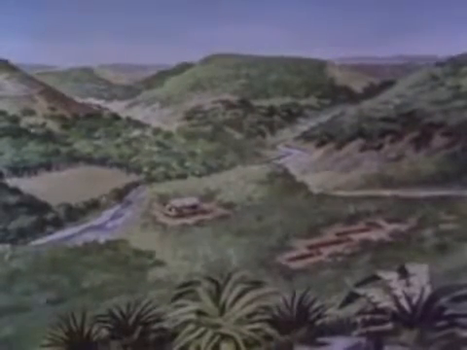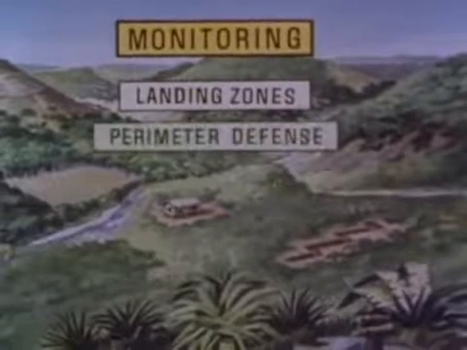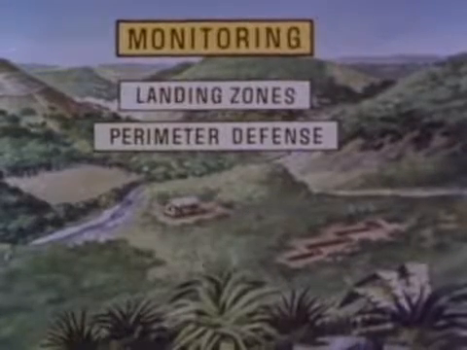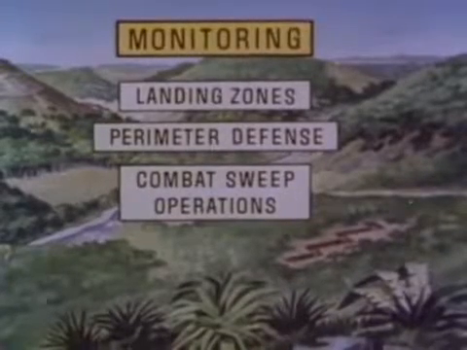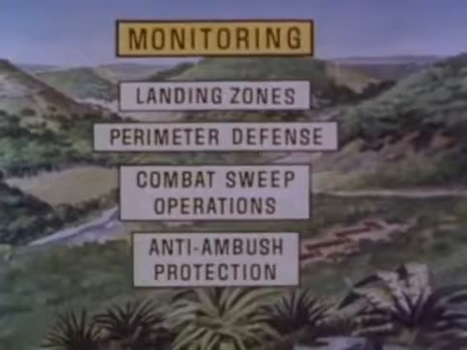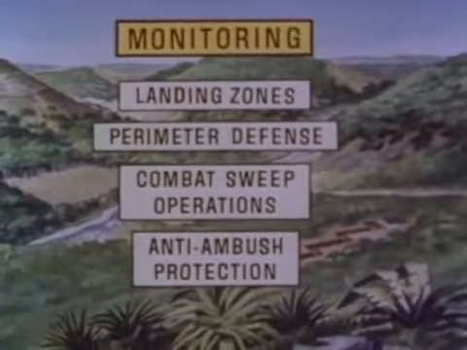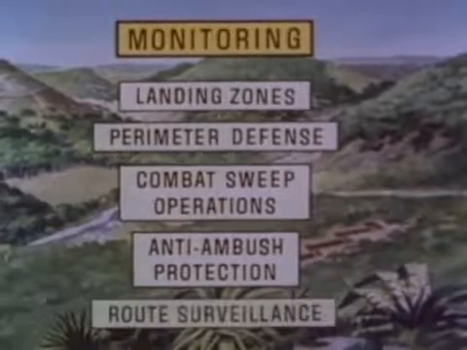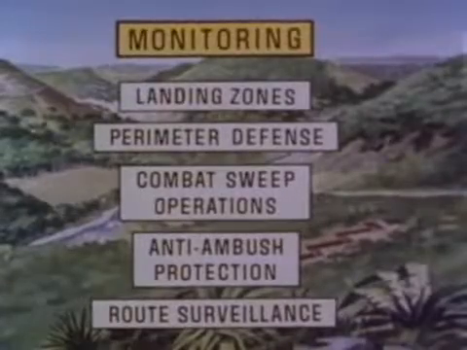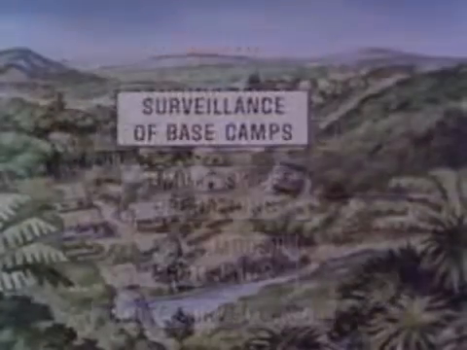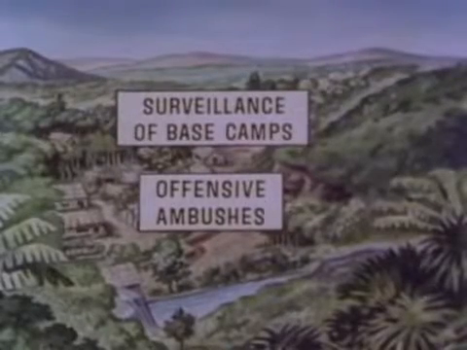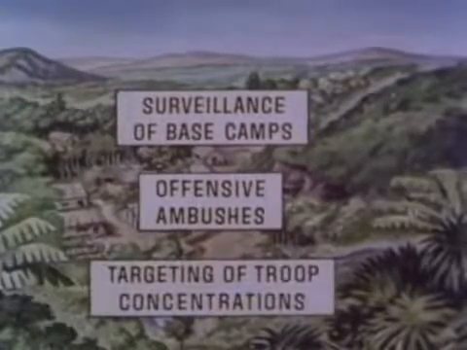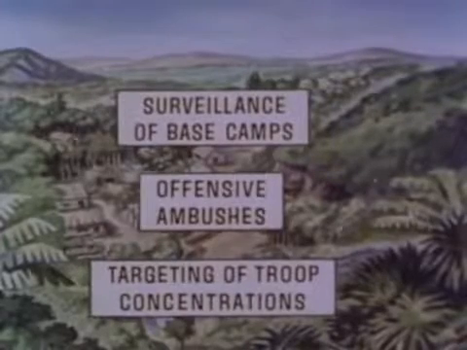Sensors can be used in many ground applications: monitoring of landing zones, base perimeter defense, combat sweep operations, anti-ambush convoy protection, route surveillance, surveillance of enemy base camps, offensive ambushes, and targeting of enemy troop concentrations.